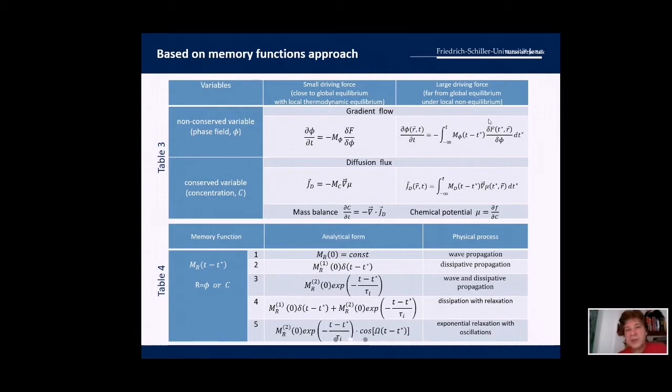Minus means that our order parameter relaxes to the equilibrium.